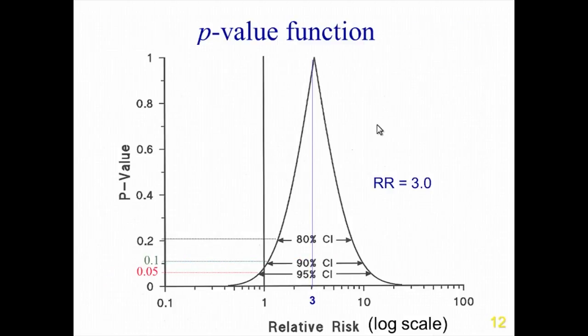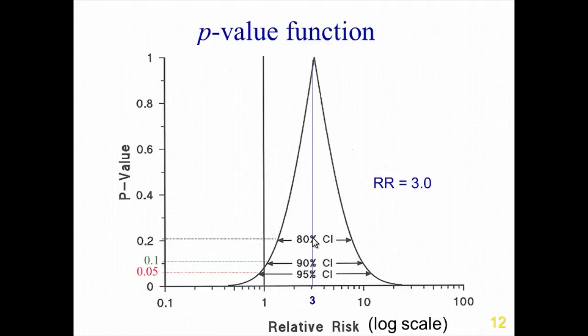I want to just describe to you the p-value function, because this is a way in which we can relate confidence intervals to p-values. You can think of confidence intervals as being a nested series of confidence intervals. We commonly use a 95% confidence interval. Sometimes we use a 90% confidence interval, but in theory there's an infinite number of confidence intervals going from, well, we can never quite get to 100%, and we never quite get to 0, but anything in between there.